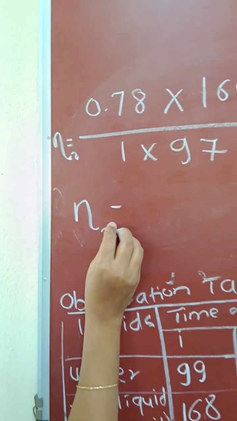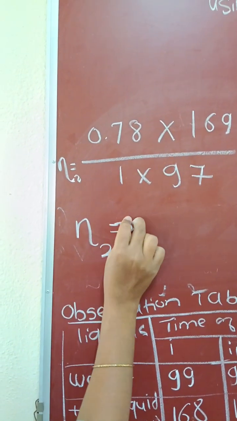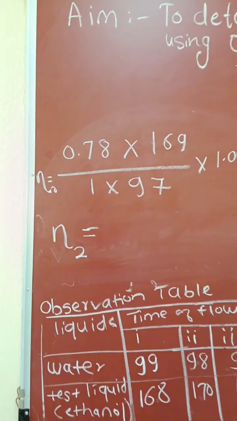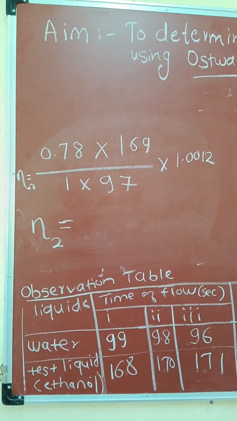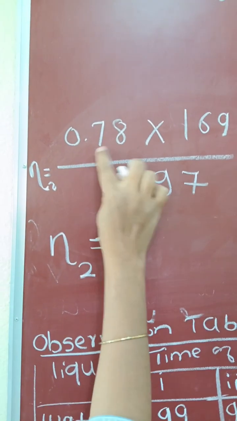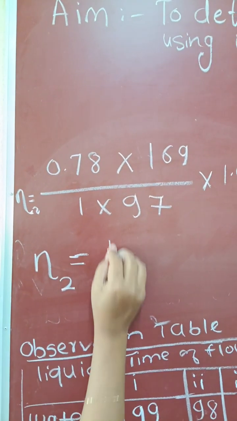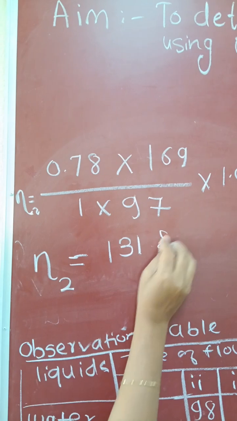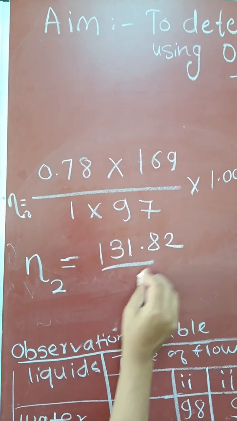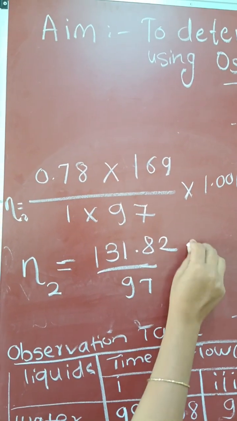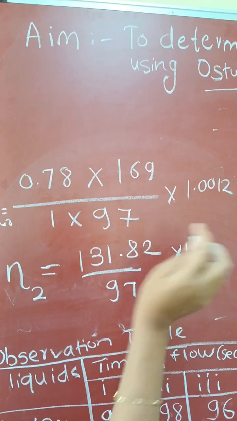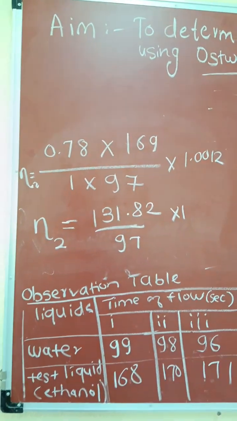Solving this, we get the viscosity of the test liquid. 0.78 into 169 is 131.82, divided by 97 into 1.0012.